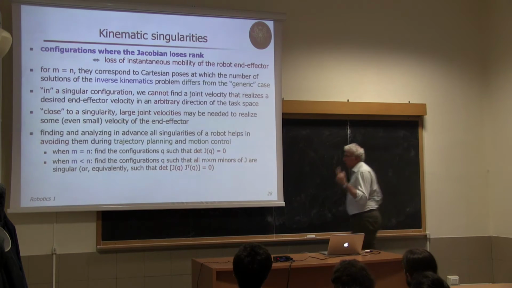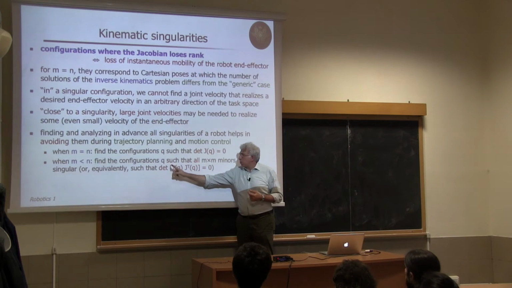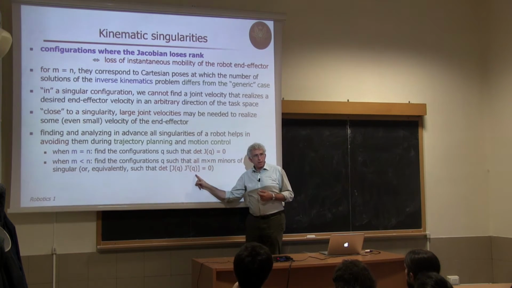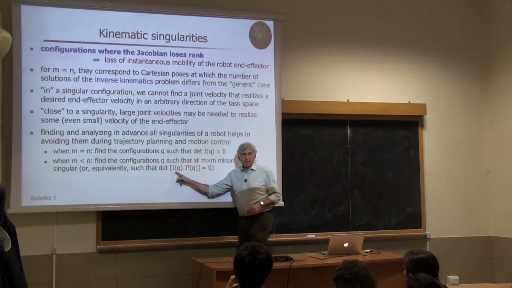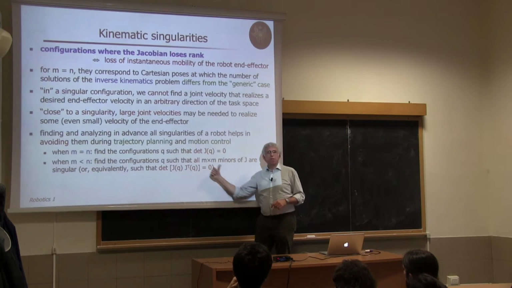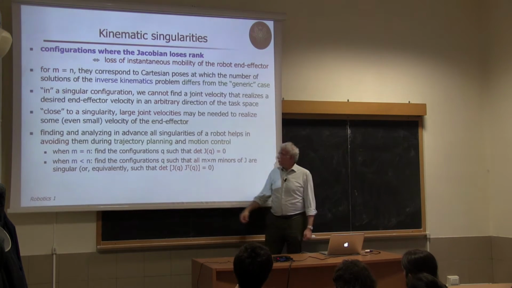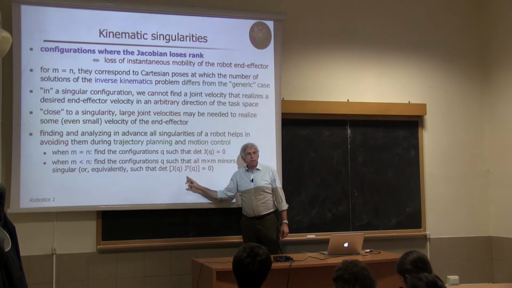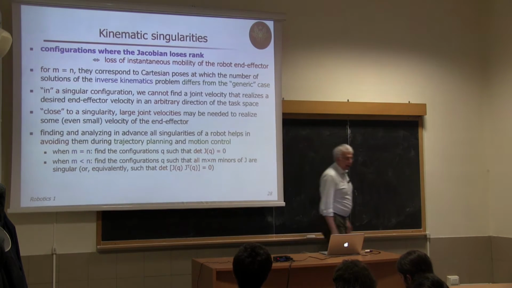Or if you want to check only one scalar equation, then losing rank is equivalent to having the determinant of this product, which is a square matrix of the lower dimension m, because J is m by n, J transpose is n by m, so this is an m by m square matrix, so we can compute the determinant, and the determinant is 0 if and only if the rank of J is less than m.